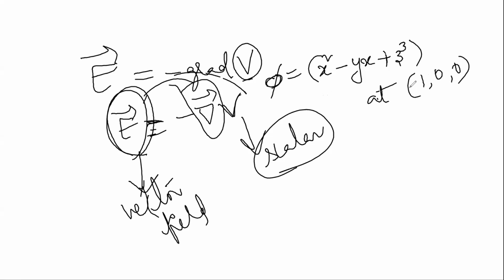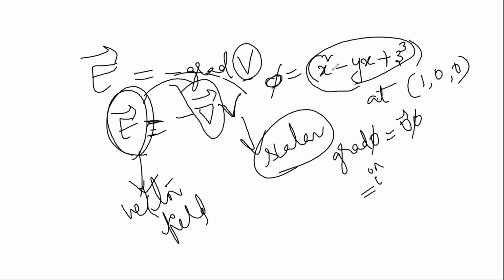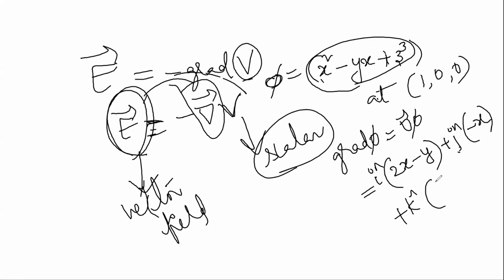How do you calculate? First I'll go for grad phi or del phi. That is, I get it as i cap dou phi by dou x. What is dou phi by dou x here? You tell me. 2x minus y, with respect to x only I have to do the partial differentiation, because here there is no x, it will be 0. So 2x minus y, plus j cap into dou phi by dou y, which is minus x, because here and here there is no y, it is 0. Plus k cap into dou phi by dou z, which is 3z square.